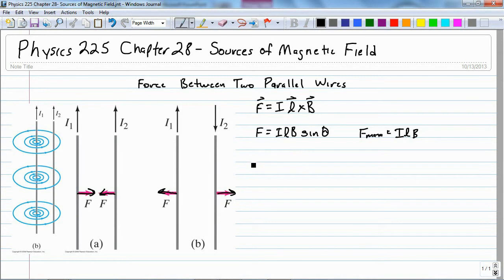So let's do some playing here. We know that our magnetic field for wire 2 is going to be equal to mu naught I in wire 2, current in wire 2, divided by 2 pi times the distance, d.